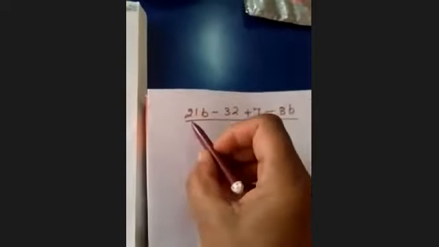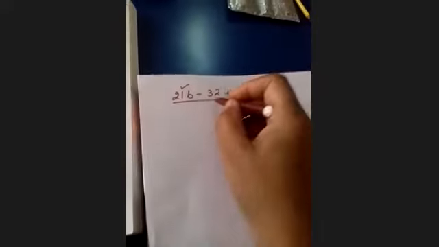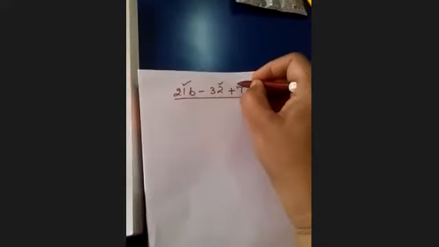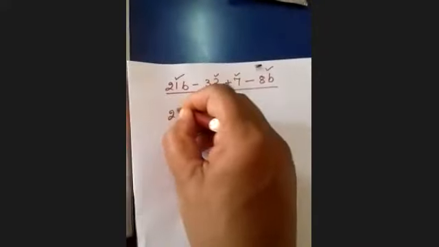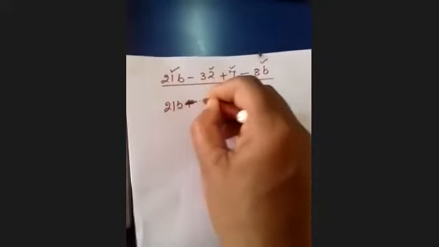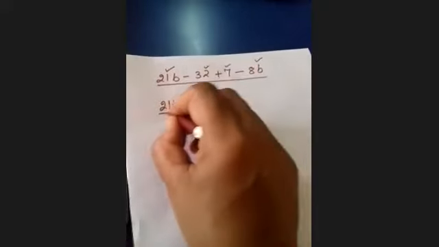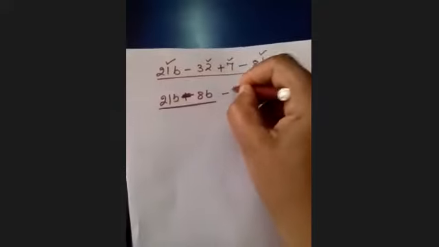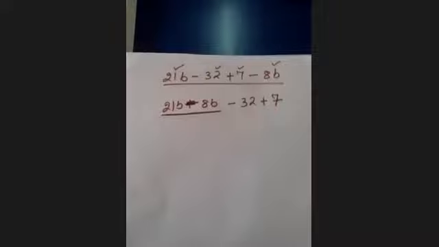First, we will combine the like terms. Like terms are 21b and 8b, and there are two constant terms. So combine the like terms: 21b plus minus 8b, and minus 32 plus 7.